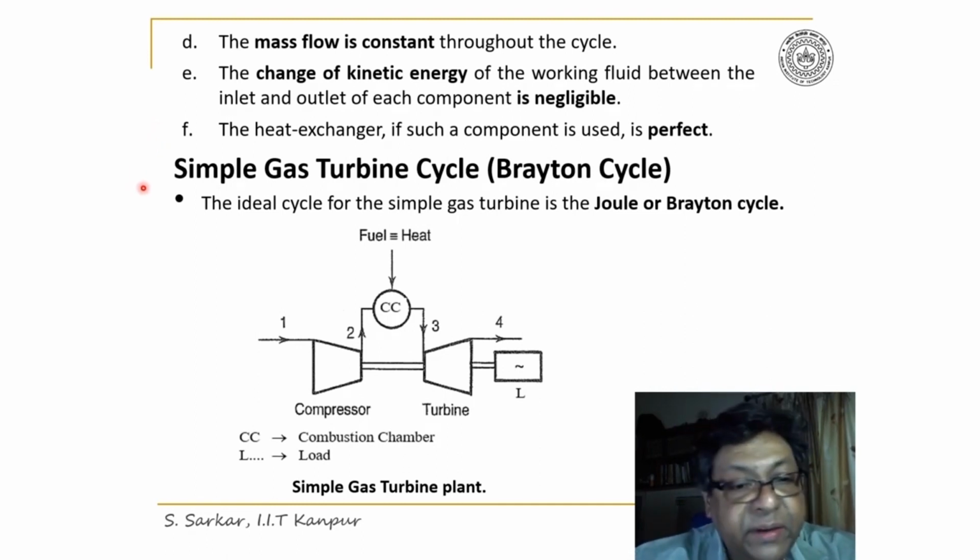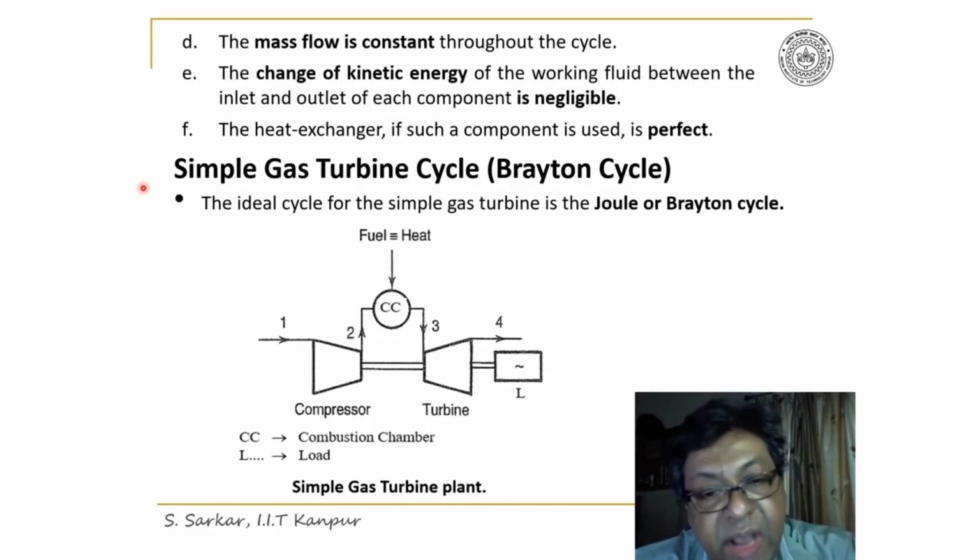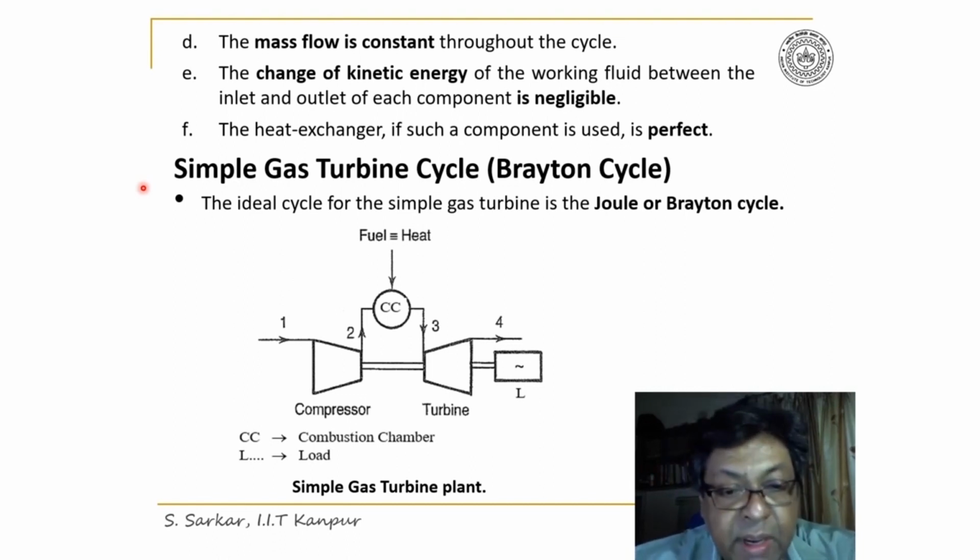Let's initiate the discussion with the simple gas turbine cycle. The ideal cycle for the simple gas turbine is the Joule or Brayton cycle, and it consists of a compressor, combustion chamber, turbine, and the generator to produce the power.